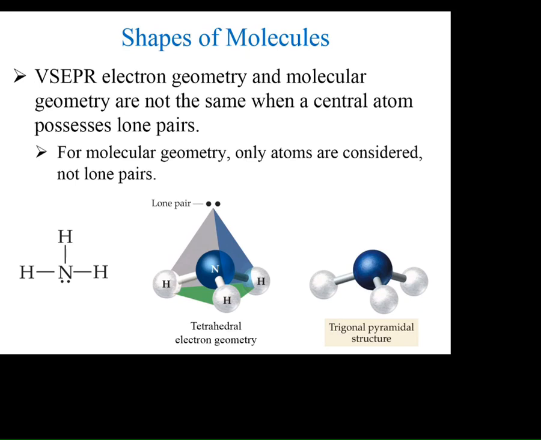So then in this case, the electron geometry is not the same as the molecular geometry. Now, if there were no lone pairs, it would be the exact same. But there are. So if there's lone pairs, like I said, on the center atom, it's going to be a different molecular geometry. So in this case, we call this trigonal pyramidal. Trigonal pyramidal. Some people say it trigonal pyramidal, but I always learned it pyramidal.